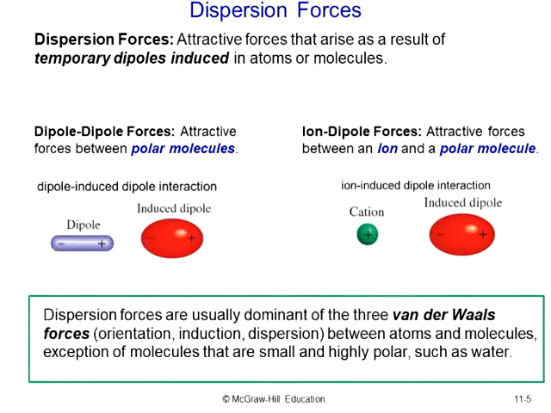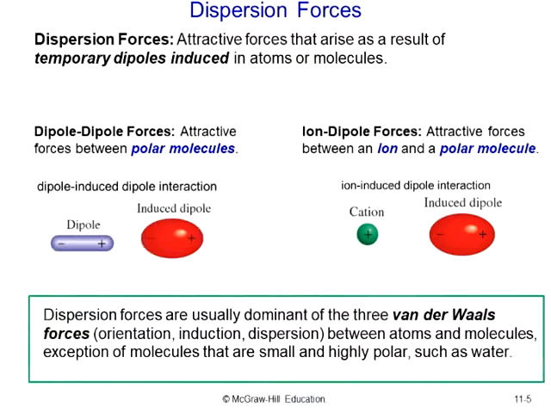So, dispersion forces are usually dominant of the three van der Waals forces. There are three types of van der Waals that we can think about. There's van der Waals due to orientation, then there's induction and dispersion. So, dispersion forces are usually the ones that dominate the three.